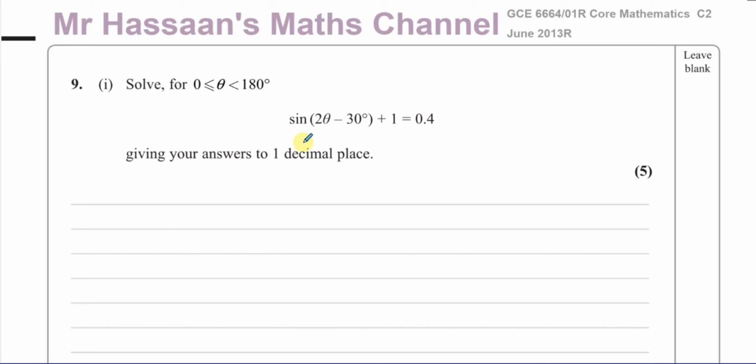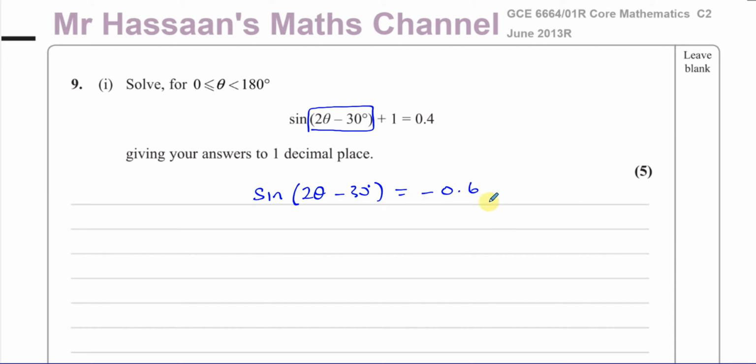So first of all, we have to make the sine of the angle the subject. The angle is this whole thing, everything inside the bracket. This 2 theta minus 30 is all the angle that we have the sine of. So I'm going to subtract 1 from both sides, so I'll be left with sine of (2 theta minus 30 degrees) equals 0.4 minus 1, which is negative 0.6.